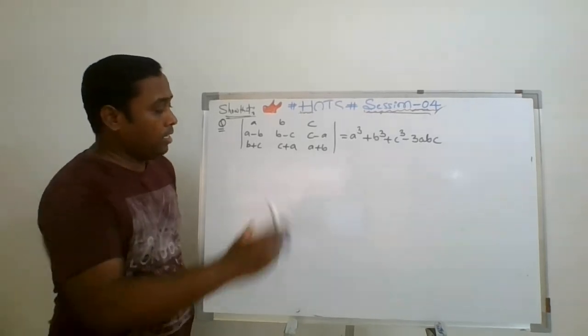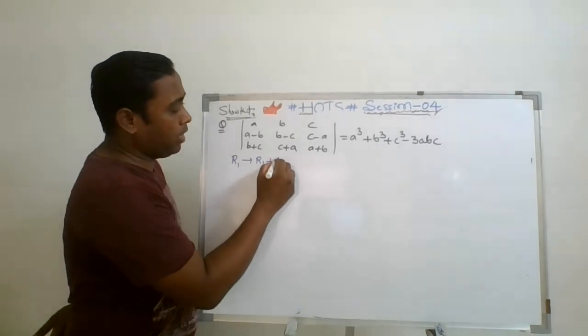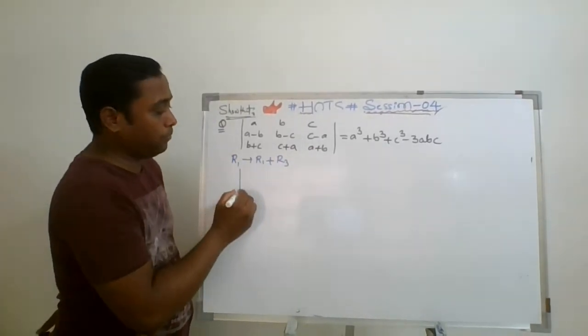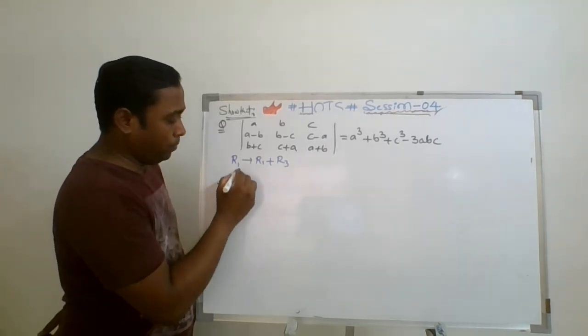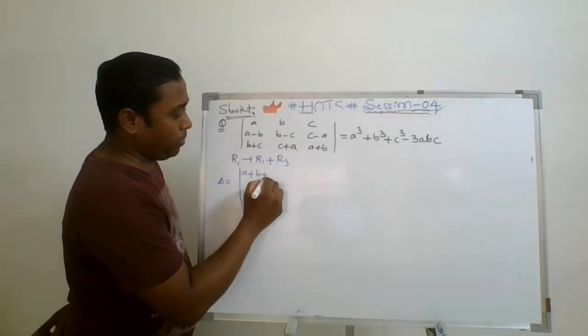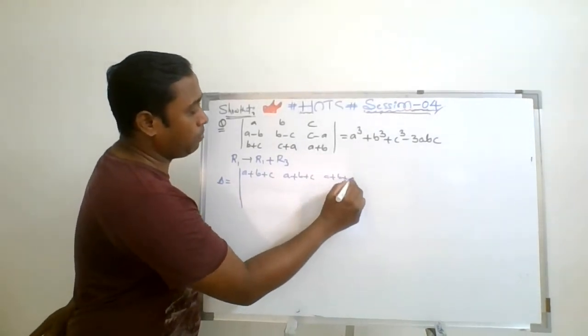What is that? See, I am changing row 1 simply by adding row 1 and row 3. Just do this part and let's see what we are going to get. Delta equals, what you will get is A plus B plus C, A plus B plus C, A plus B plus C.